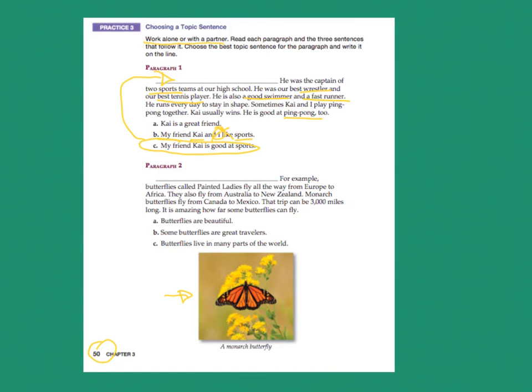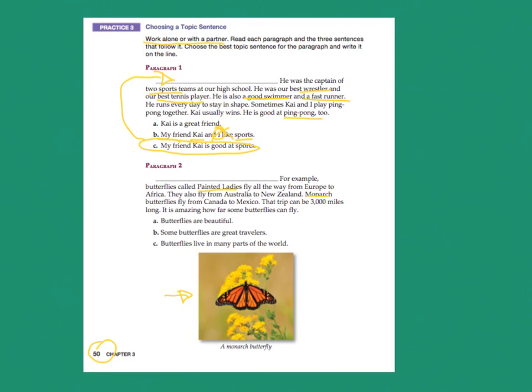Monarch butterflies fly from Canada to Mexico. That trip can be 3,000 miles long. It is amazing how far some butterflies can fly. So they're talking about painted lady butterflies and monarch butterflies and all the places they fly.